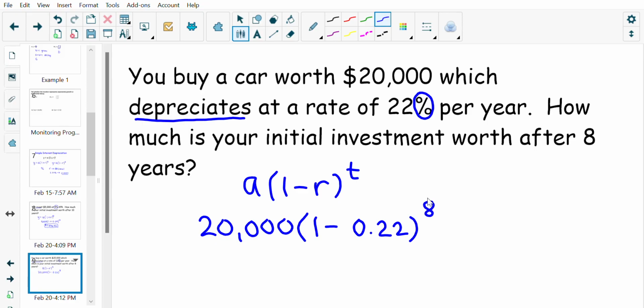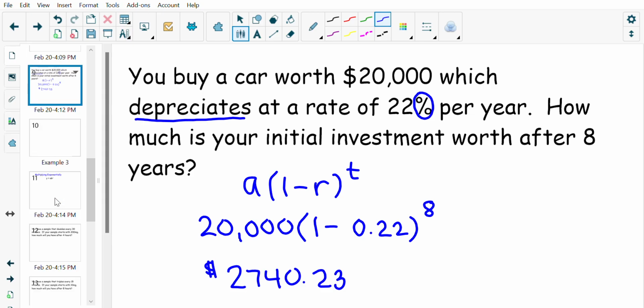And then when we type that in the calculator, we get $2,740.23. So that is when we are either increasing or decreasing with a percentage rate.